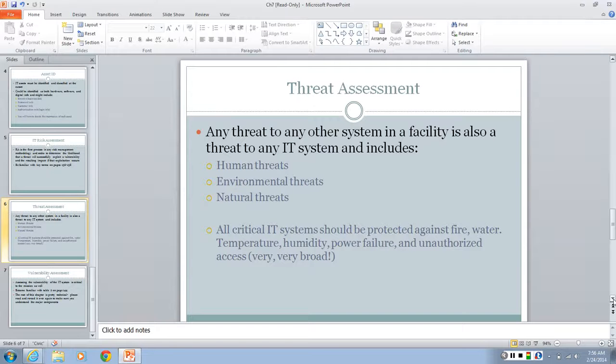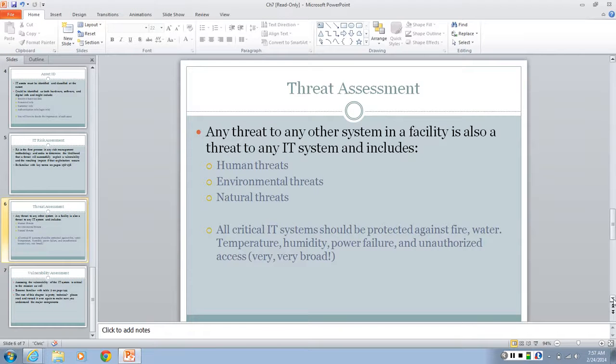So all critical IT systems should be protected against fire damage, water damage, extreme temperatures, humidity, power failure, and unauthorized access. And these are very, very broad. What do you consider unauthorized access? It may be that somebody has authorized access to the facility or to the IT system, but they have an ulterior motive, and therefore they're still causing you losses.